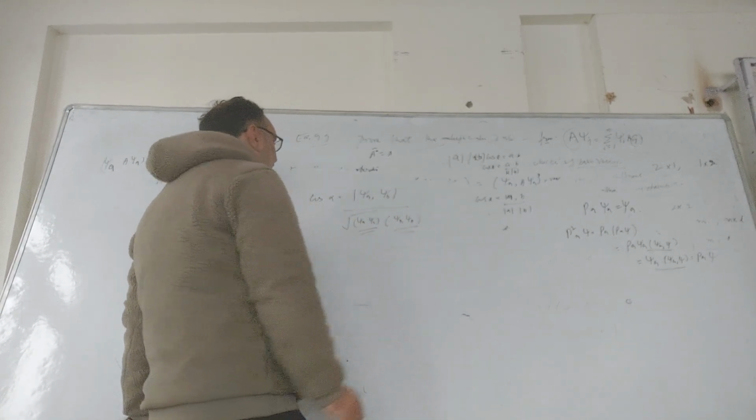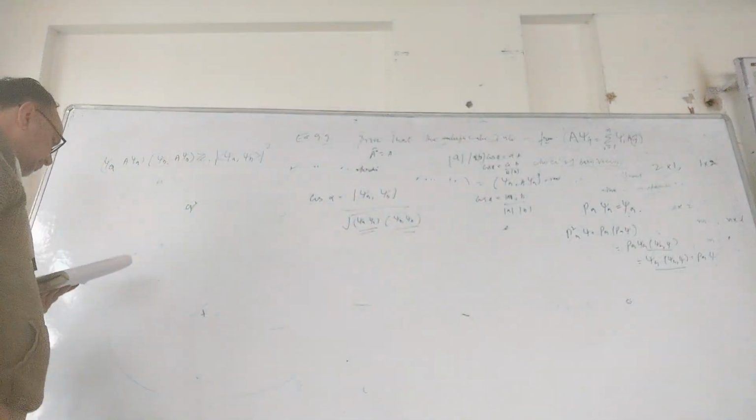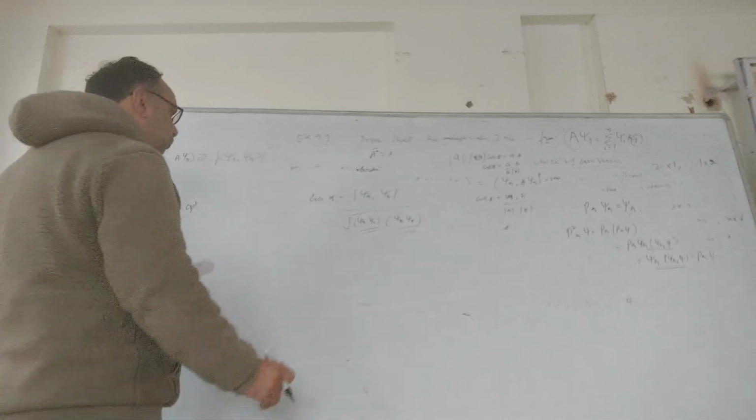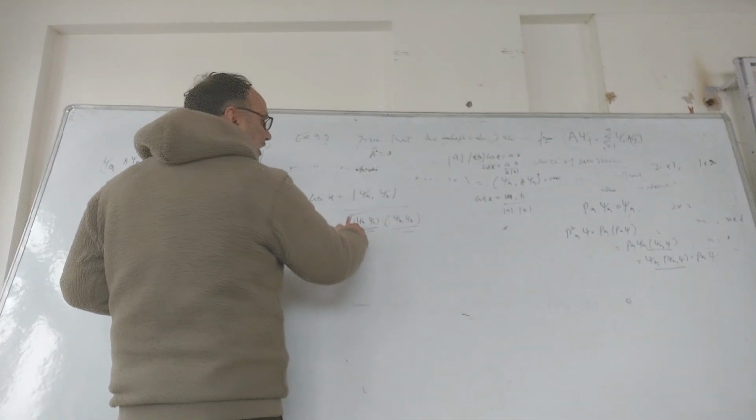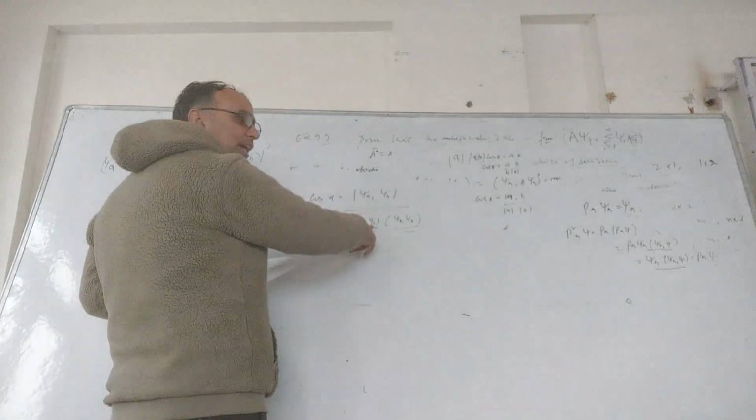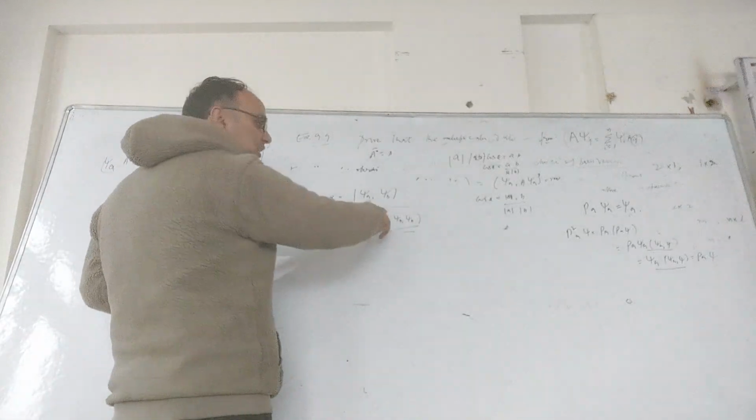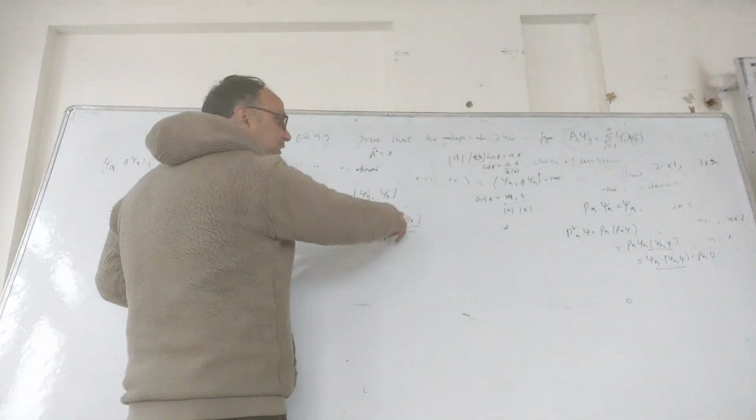So you can write it. So further इसका inner product आएगा psi A square. It will cancel with this. Inner product आएगा psi B square. It will cancel this.